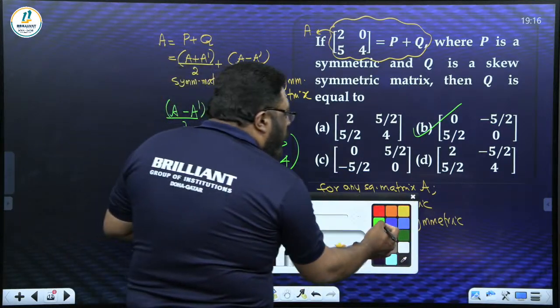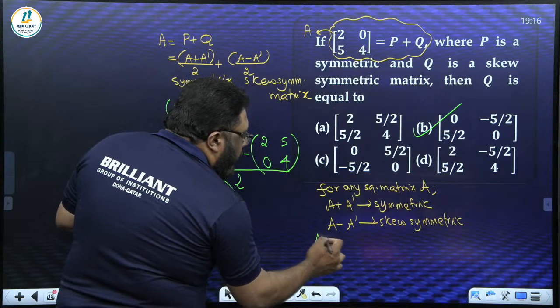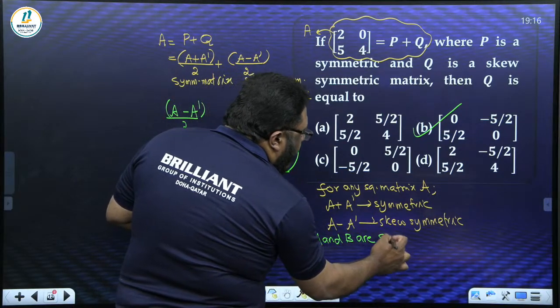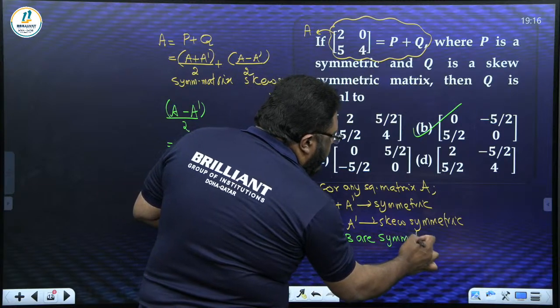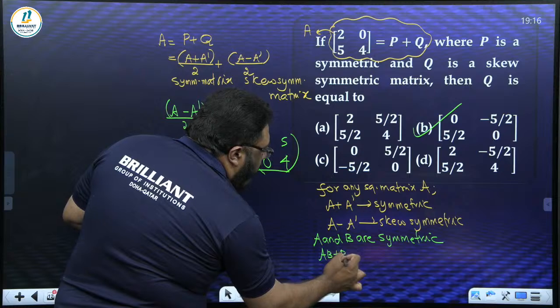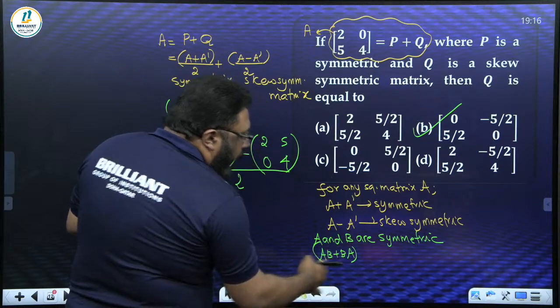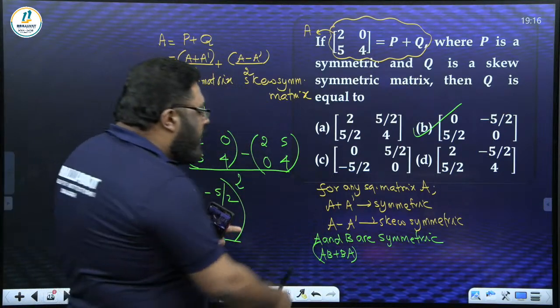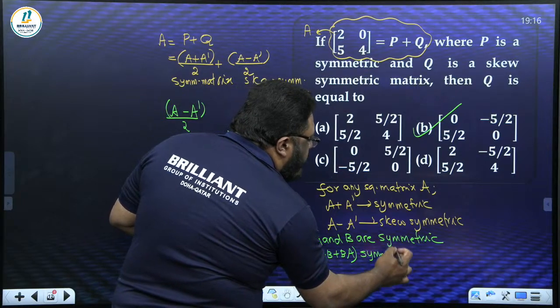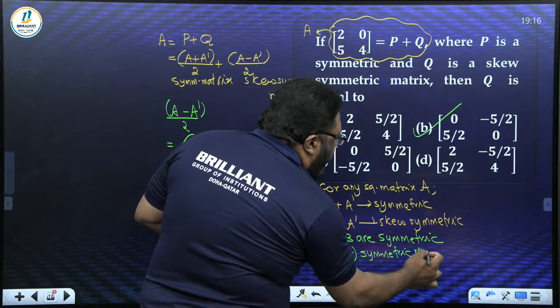There are a few more concepts. Just remember, if I have two matrices A and B which are symmetric, please remember AB plus BA, the reverse product BA added, will always give you a symmetric matrix. It's better you learn these things by heart.